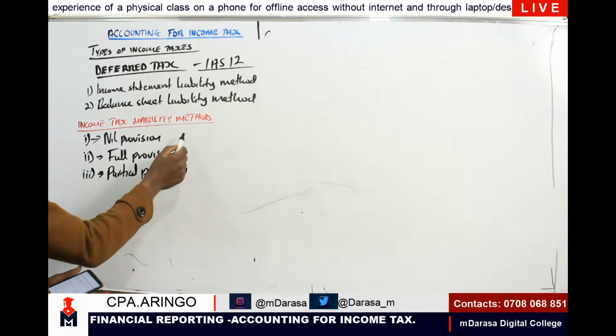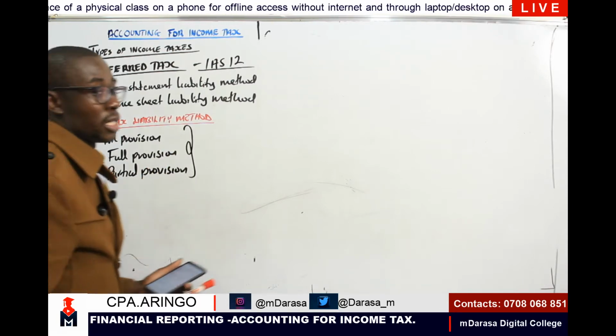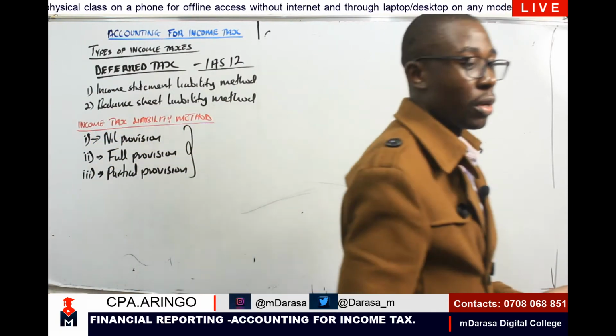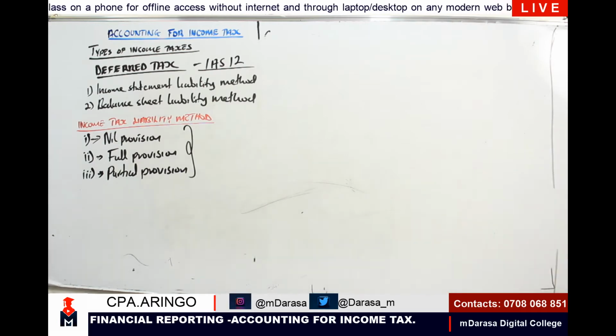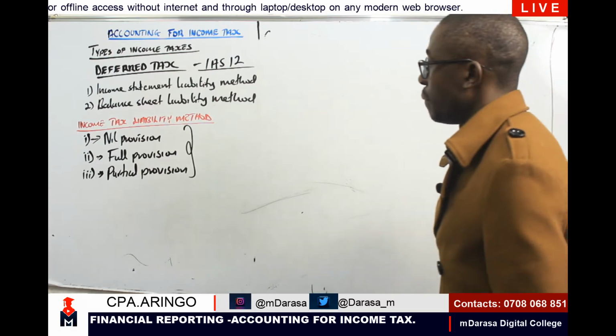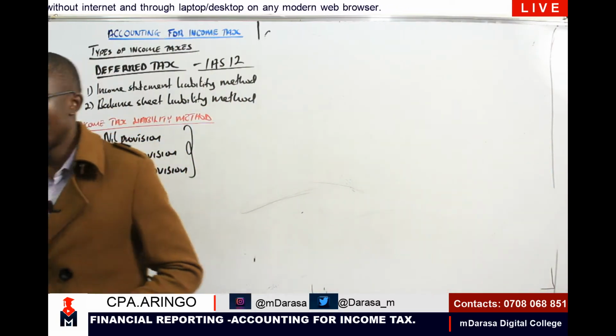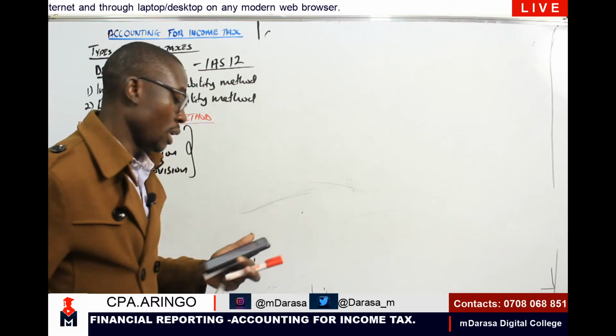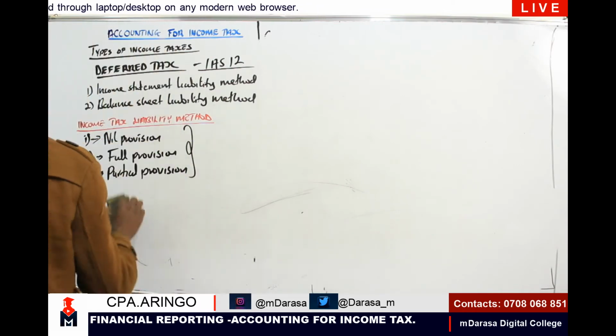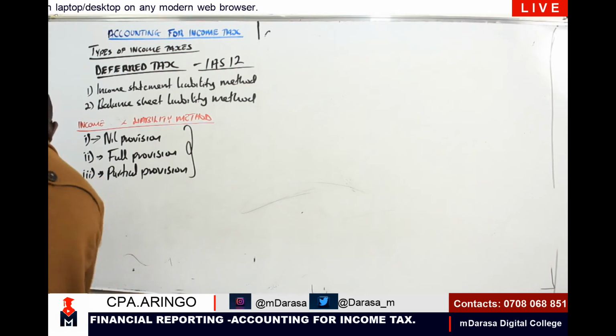So these are the three main methods that we normally consider anytime we are handling the income statement liability method.